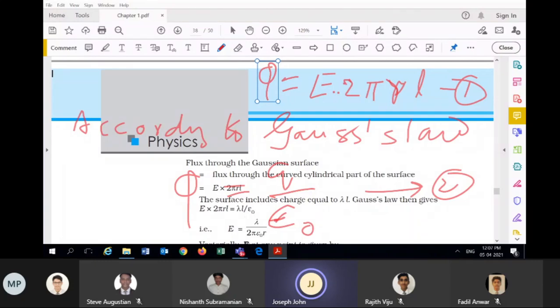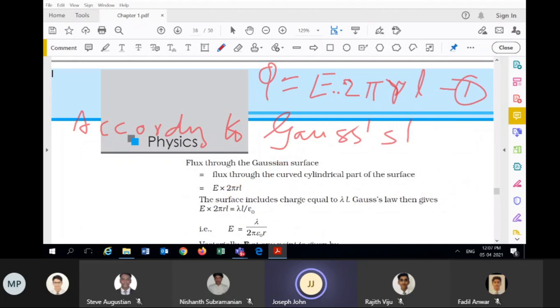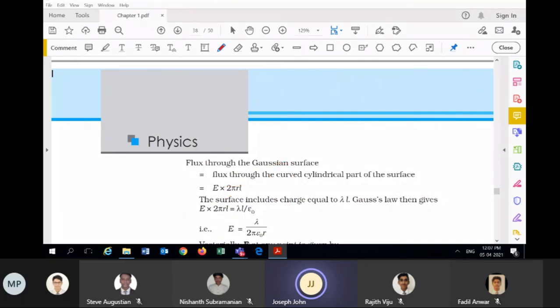Write down from equations 1 and 2, E into 2 pi rL equals Q by epsilon naught. Make E subject of the formula, that is all.